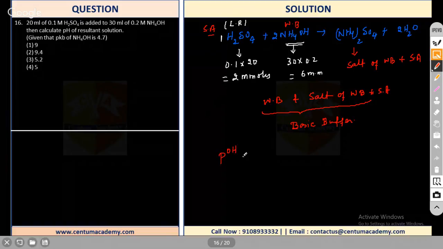The formula of POH is equal to PKB plus log of concentration of salt divided by concentration of base. The PKB value is given in the question. It is 4.7. Okay, so we'll substitute this value: 4.7 plus log of salt is what? How many moles of salt will we get?